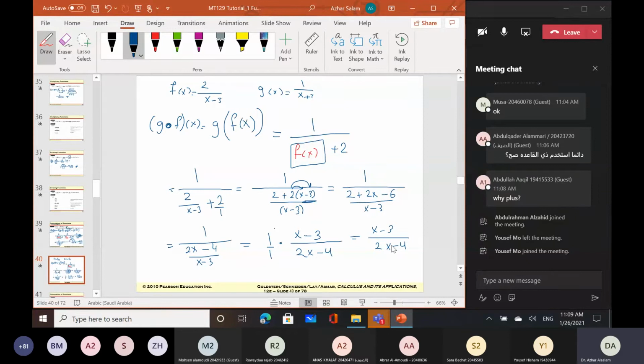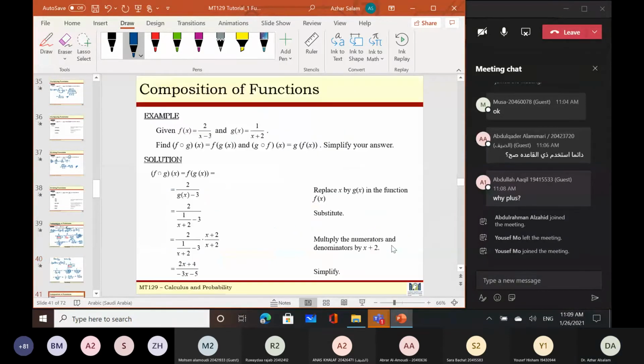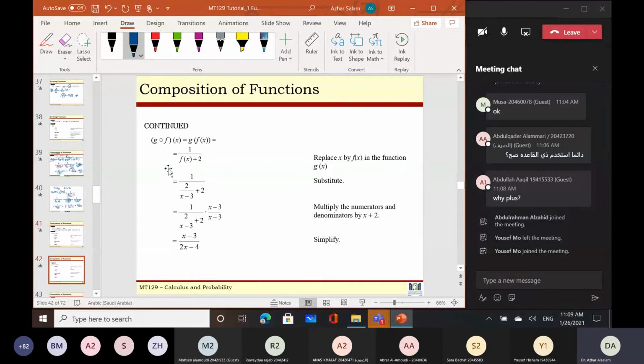Okay, this is the simplest form. Let's just check here. Yes, this is the final answer. This was f circle g, and this is g circle f. This is the same answer that we get, x minus 3 over 2x minus 4.